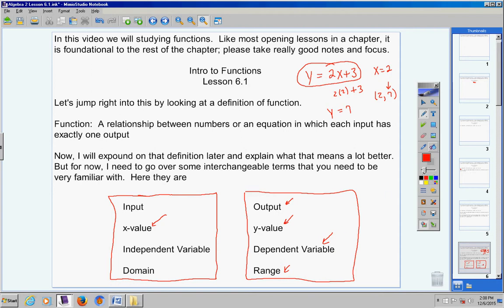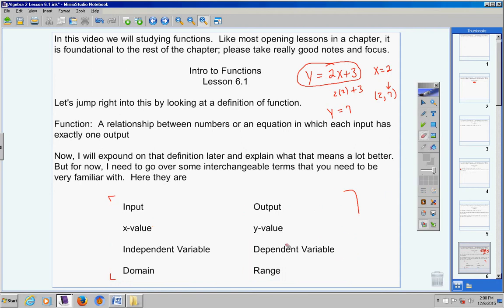Okay? Notice how I've put these terms across from each other, and they're opposite, like they're the antonyms of each other. Input, output, x value, y value, independent variable, dependent variable, domain, range. So students, you need to know these terms very well.